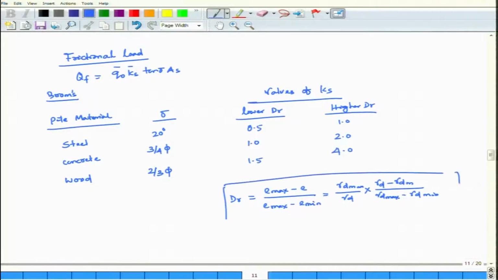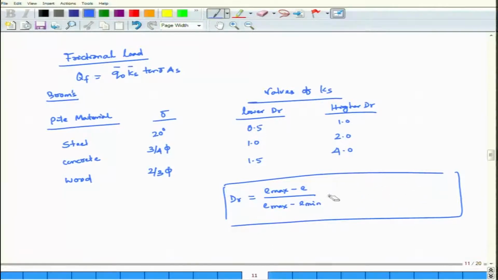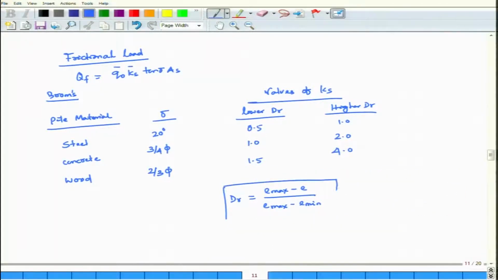So, from here you can find it based on your in situ void ratio. If you know e maximum and e minimum, and the in situ void ratio e, then you can very easily find whether the relative density is low, medium or dense. For lower Dr, these values have been given. For higher Dr, these are the values given.